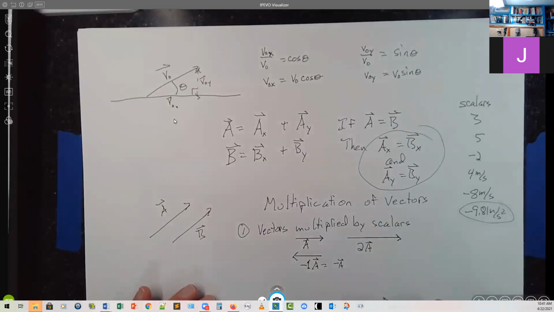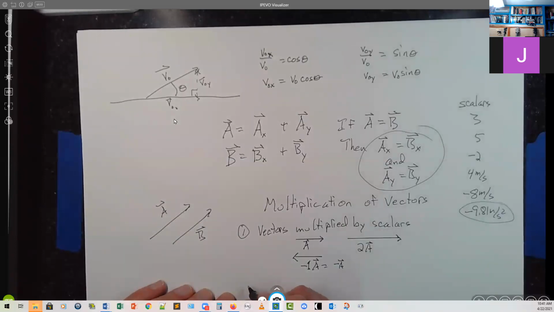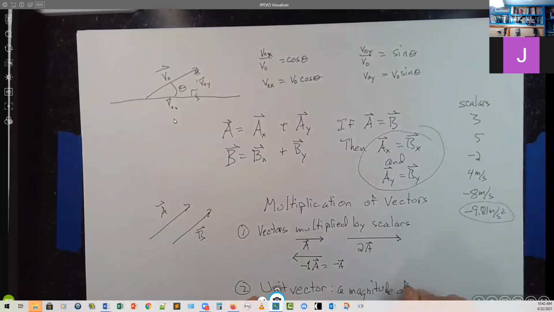But to do that, we need to use an idea of a unit vector. And this is a vector with a magnitude of 1, and it has no units by itself, even though we call it a unit vector.